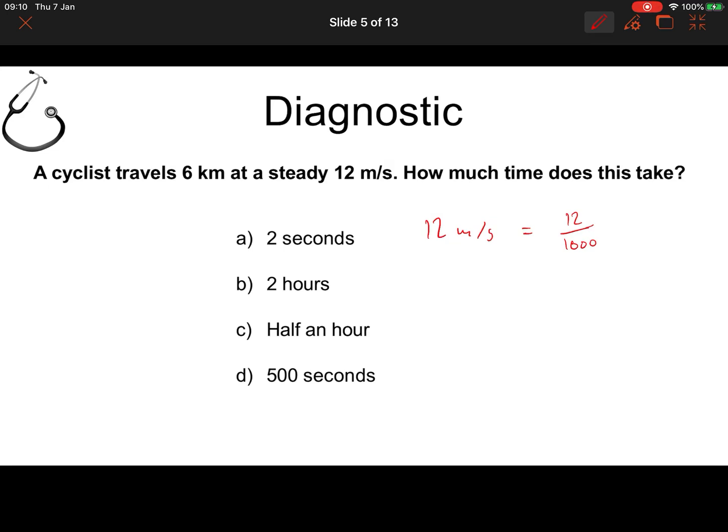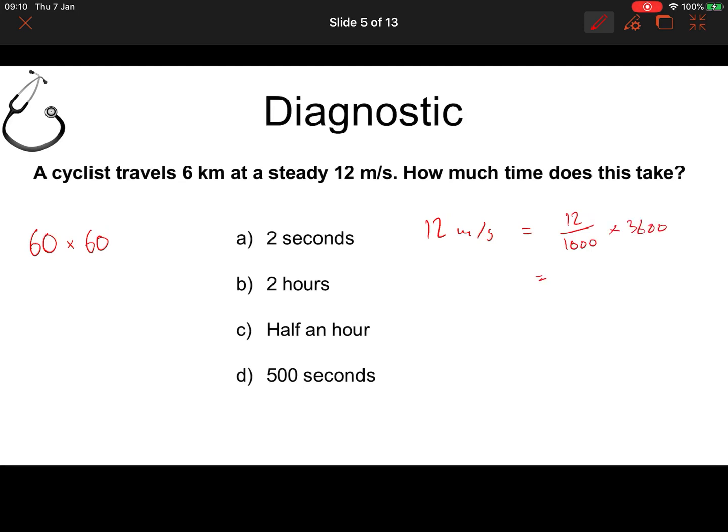Per second, how many seconds are there in an hour? Well, there's 60 seconds in a minute times 60 minutes in an hour.